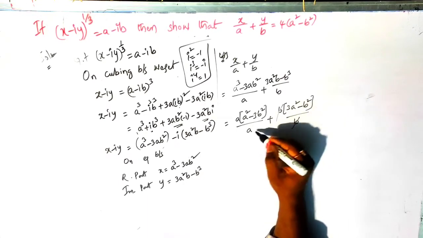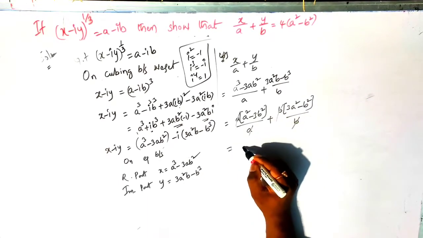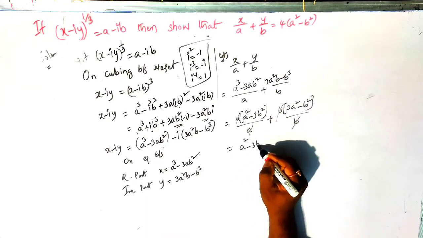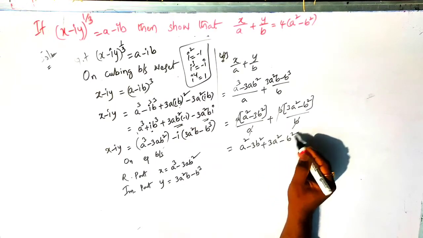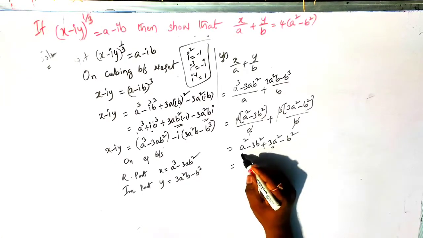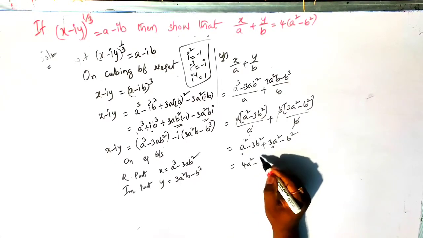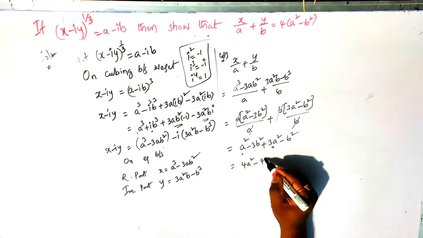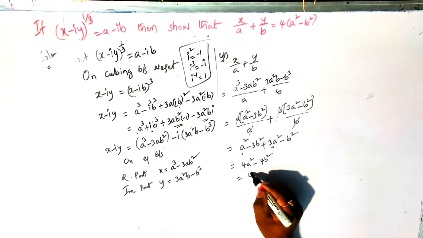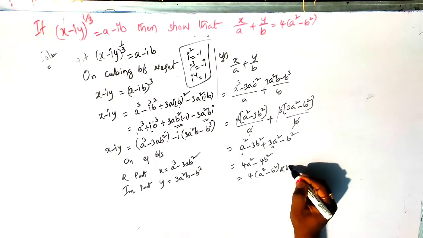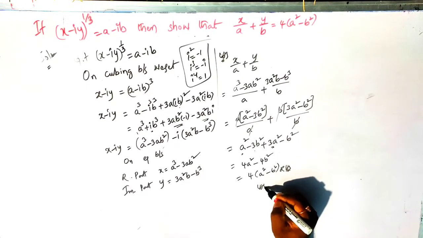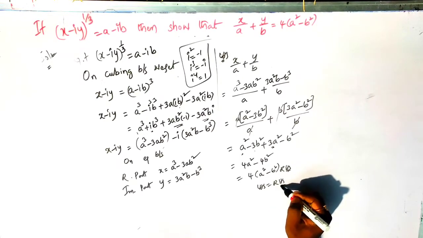So b gets cancelled, a also cancels. We get a square minus 3b square plus 3a square minus b square. So a square plus 3a square is 4a square, minus b square minus 3b square is minus 4b square. So take 4 common, a square minus b square. So this is the RHS. Therefore LHS equals RHS.